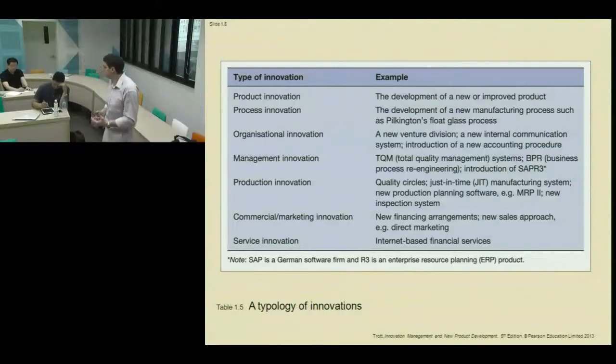New sales approach, for example, direct marketing, or establishing a network of different types of shops around the city. And we have service innovation, internet-based services, for example. You can buy anything or almost anything online.